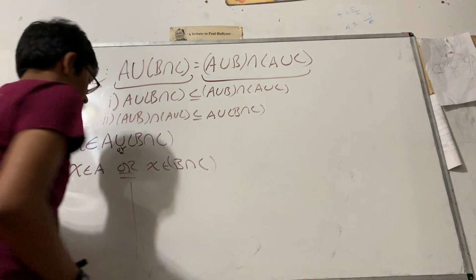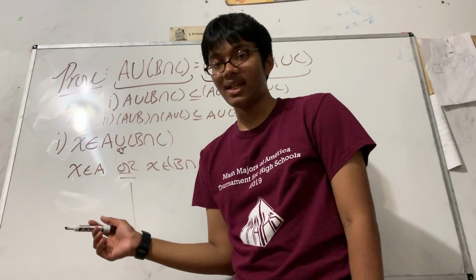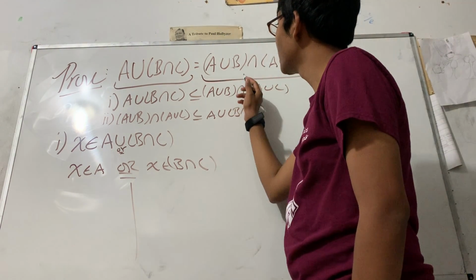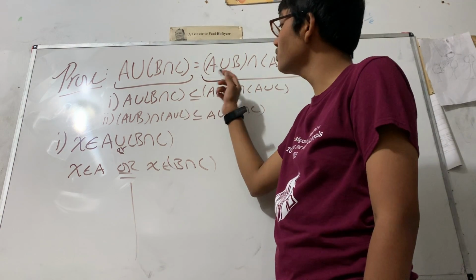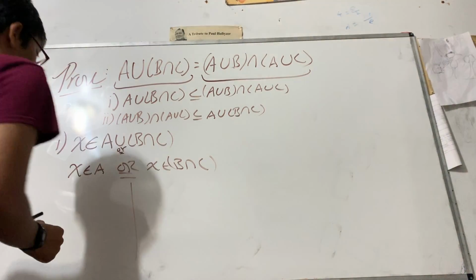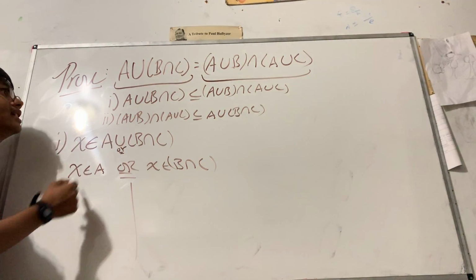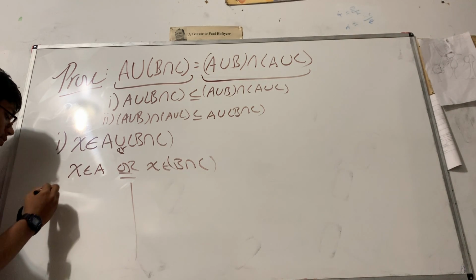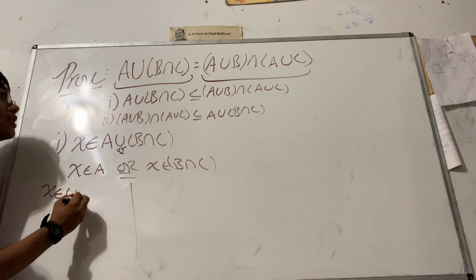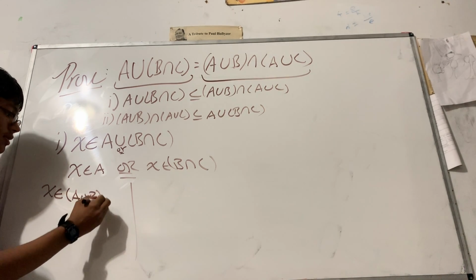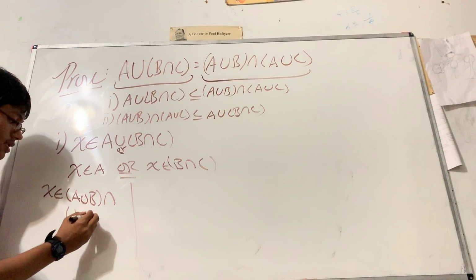On one hand, if x is an element of A, then we know x has to be an element of the right-hand side. Why? Because the right-hand side includes A. So we conclude that if x is in A, then x is also included in (A union B) and (A union C).